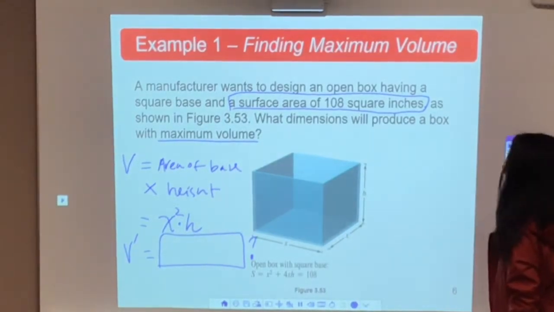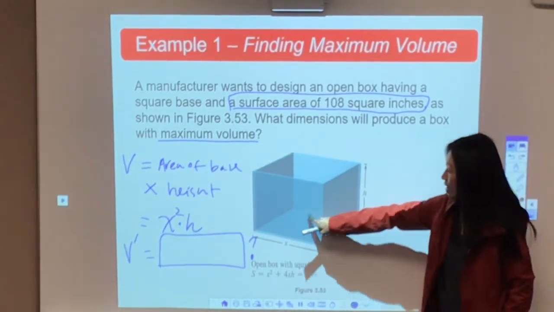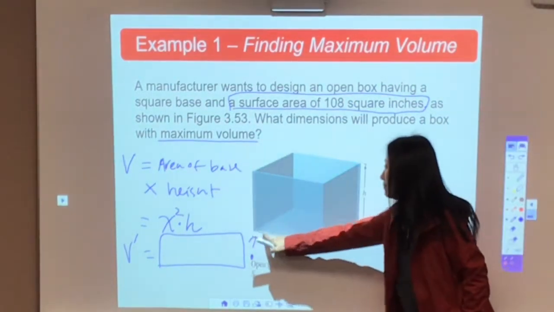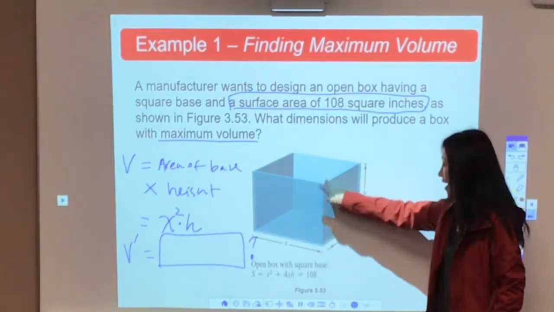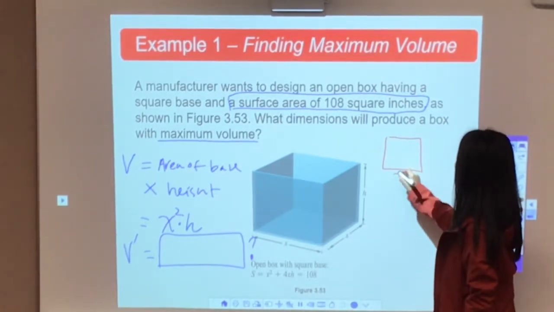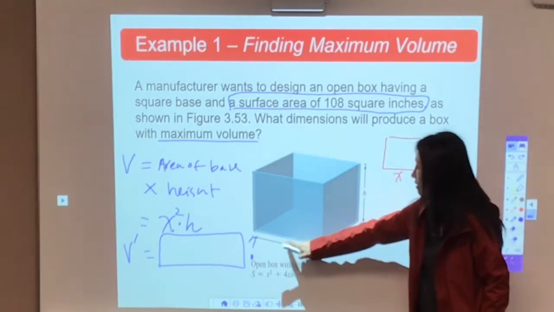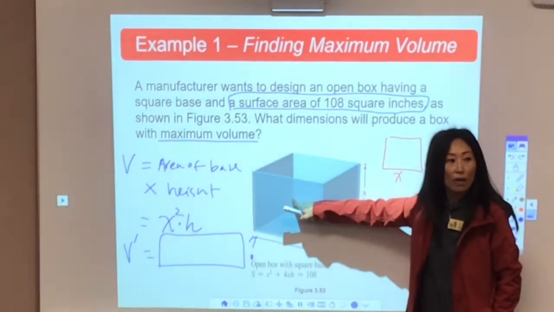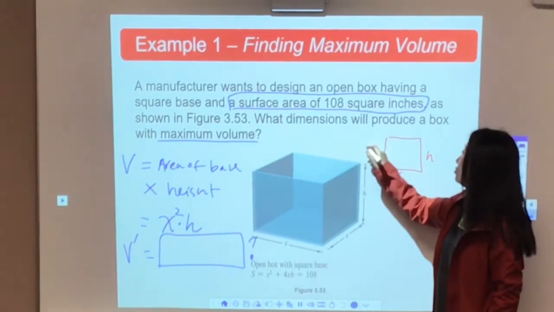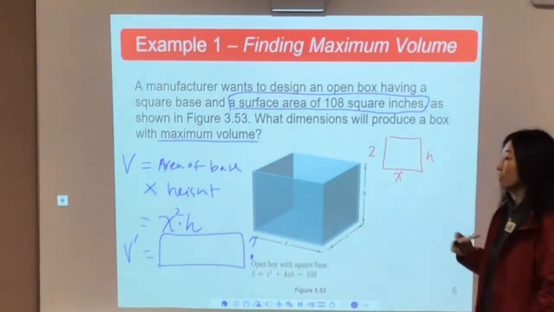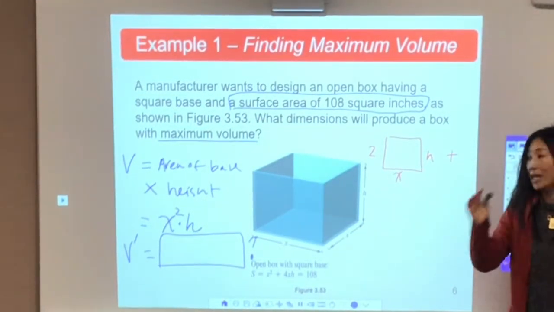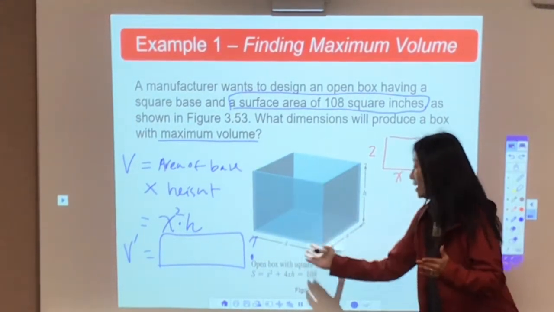Let's draw the surface. I have a base of x and a height of h. How many of these do I have? One in the front and one in the back. So I have two of these. That's how you find your surface: you look at each side and the bottom.